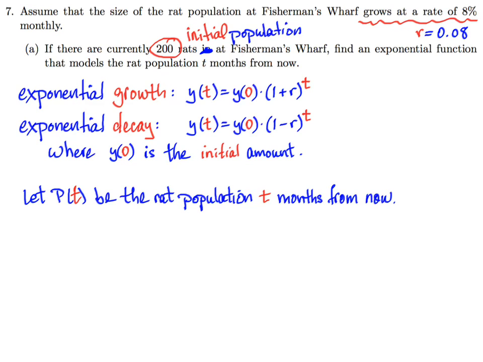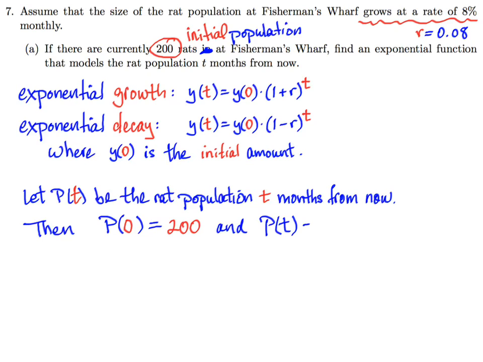So we're going to write down the exponential growth function that represents the rat population at Fisherman's Wharf. So the initial population was 200 rats, so that's P of 0.